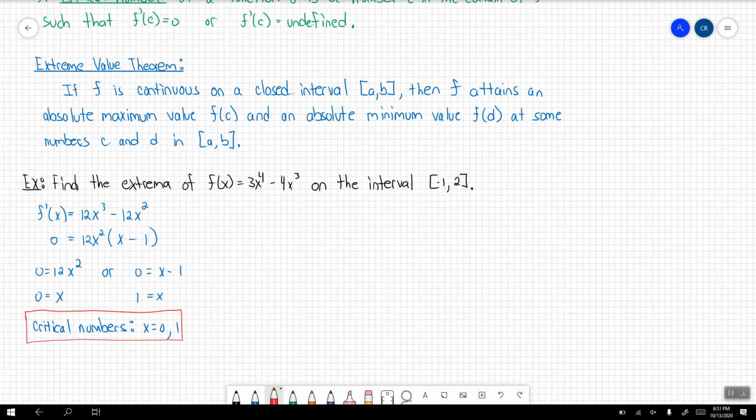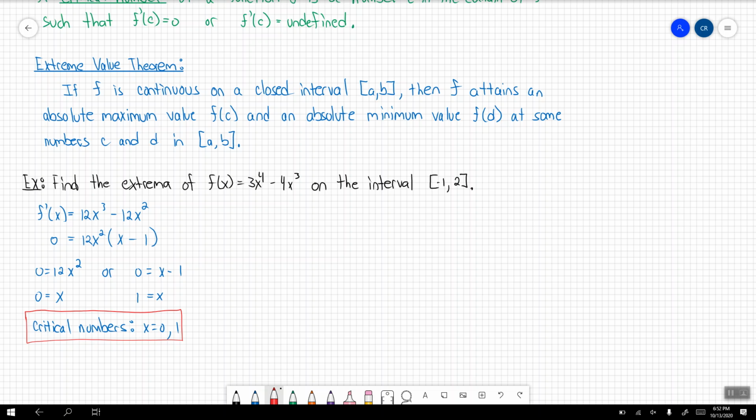And I also want to test the endpoints for the given interval. Because at the end of the day, if we're finding the extrema, that means we're finding all of these absolute maximums and minimums that are occurring for this function on this given interval. And again, the extreme value theorem tells us that they could possibly exist at the endpoints.